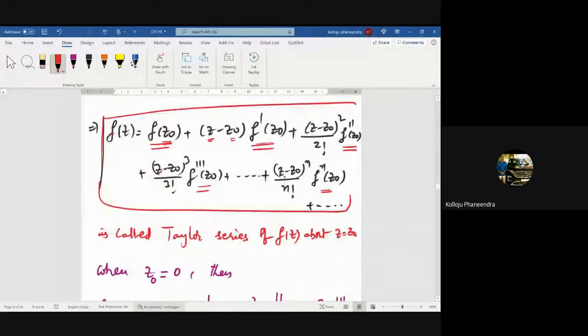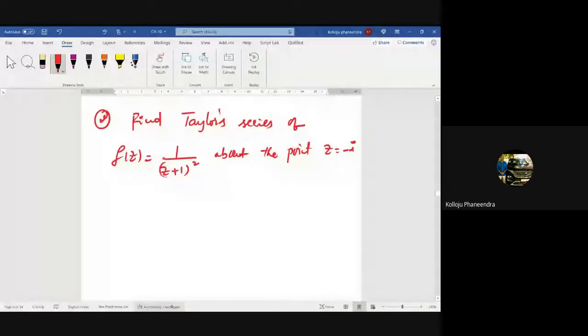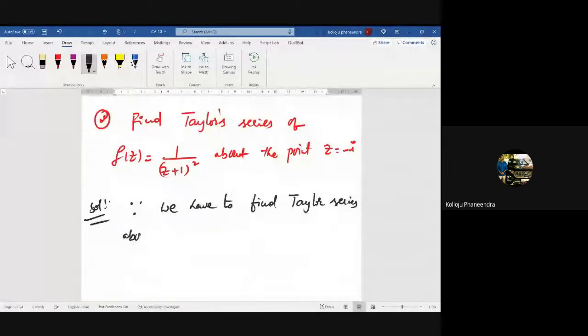Okay, so the point is very important. But what is the function given here? Since we have to find the Taylor series of f of z about the point z equal to minus i, what is the z0 value? Minus i. z0 value is minus i. Okay.